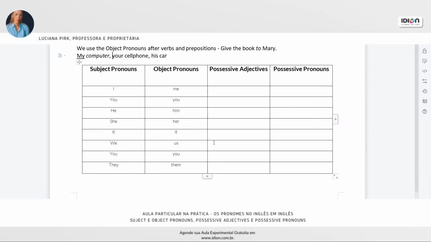So the possessive adjectives here, can you help me fill the charts? My, yes. Your. Good. He.